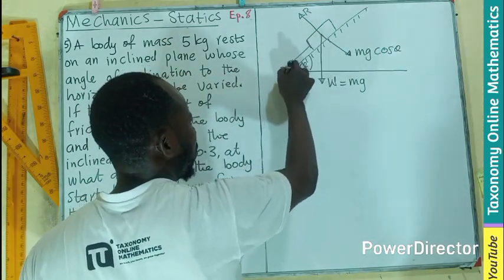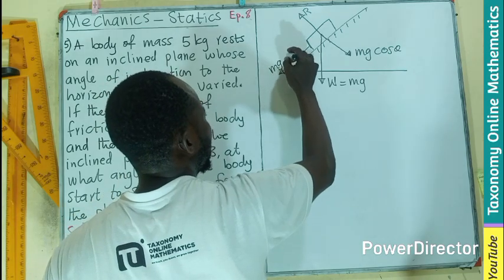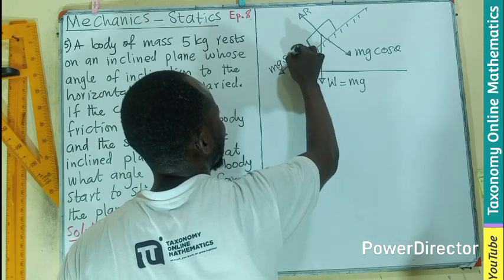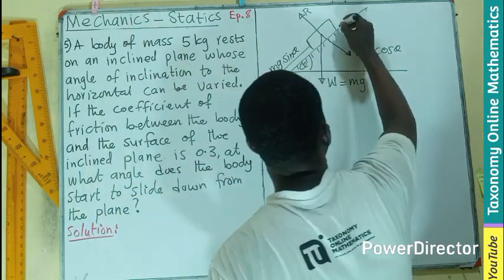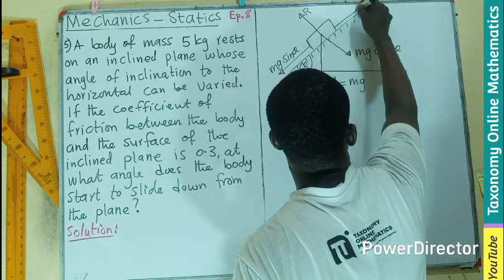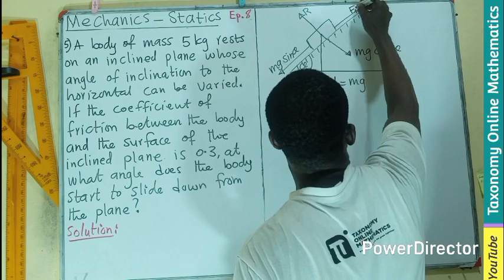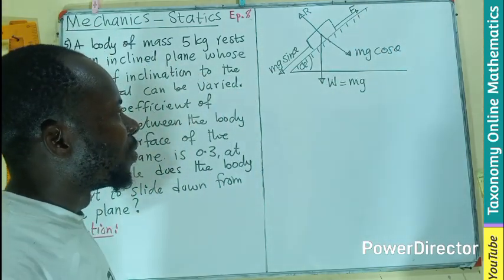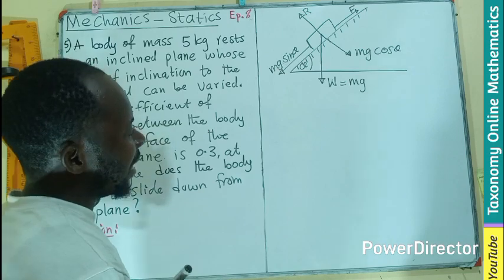Then this is also going to be mg sine theta, and there is a frictional force holding the body from sliding down. So we are looking for the coefficient of friction here.